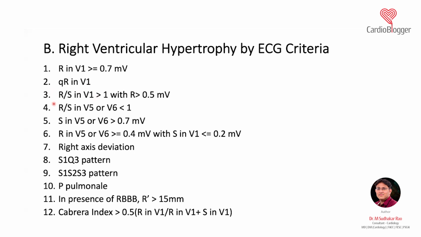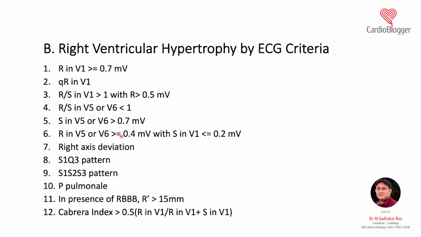So if your R by S in V1 is more than 1 with R more than 0.5 mm, or R by S in V5, V6 is less than 1, because when you go toward V5, V6, you see more of the S wave. So R in V5 or V6 is less than 1 mm. Again, it may suggest right ventricular hypertrophy. If you have S in V5 or V6 more than 7 mm, just like R in V1 more than 7 mm, it indirectly suggests right ventricular hypertrophy.